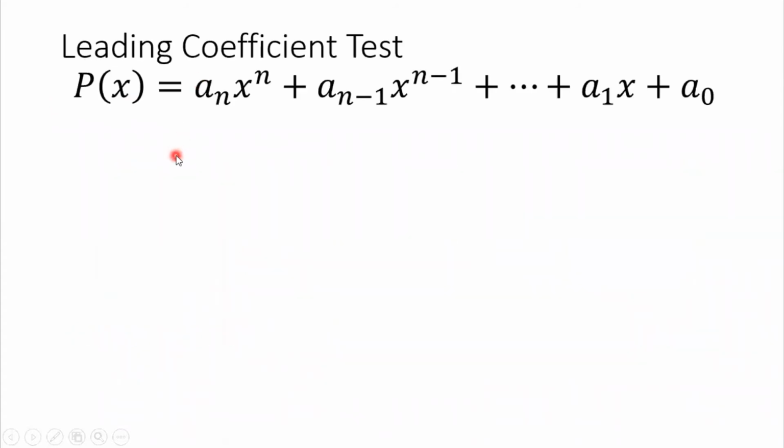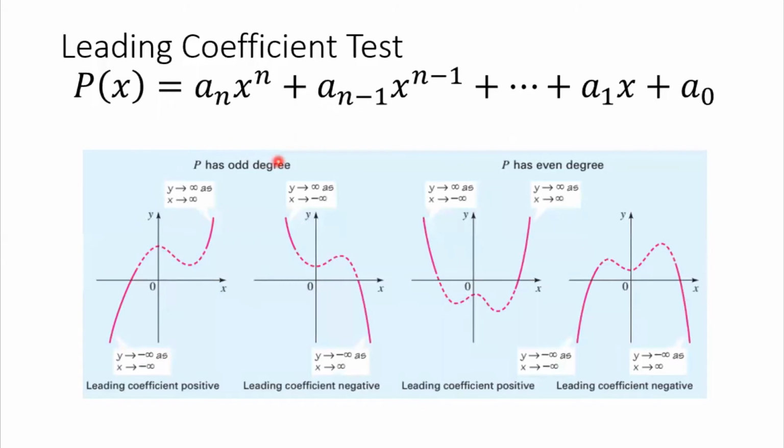Now, the leading coefficient test is a test to determine the end behavior of the graph of the polynomial function. So this is the polynomial function, right? So this test will tell us the behavior of the graph of the polynomial function. Okay.